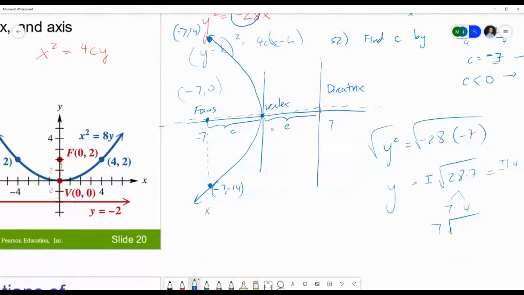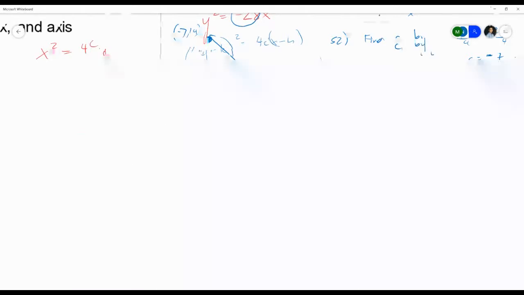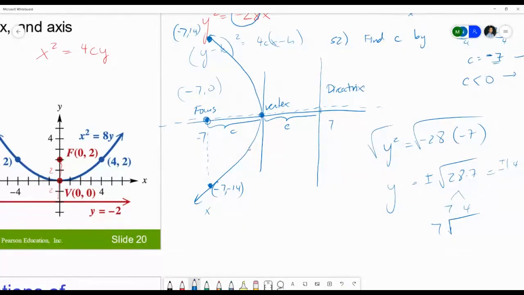The only reason we use these 2 reference points is because if I only give you this point and this, how do you know to draw this? You don't. How do I know the parabola looks like that as opposed to opening wider? So the more reference points you get, the better the picture is going to look.